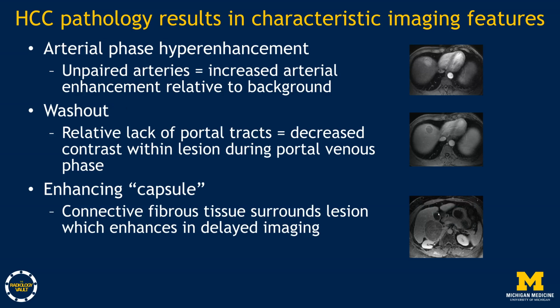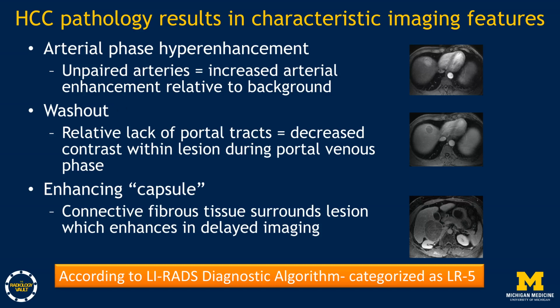Taking all these three factors into account, according to the LI-RADS Diagnostic Algorithm version 2018, this would be categorized as LR5. There are additional features that we will be going over briefly.